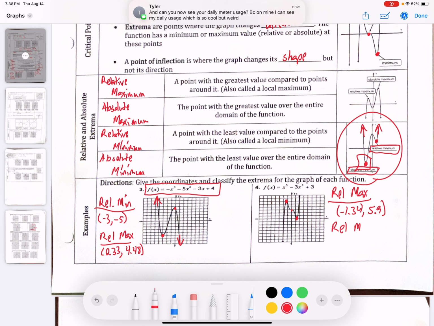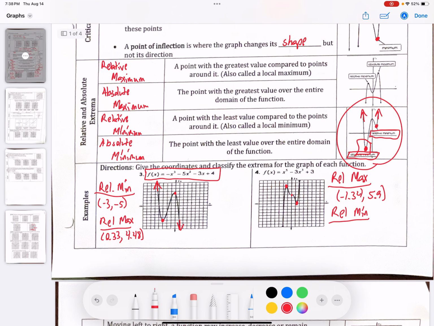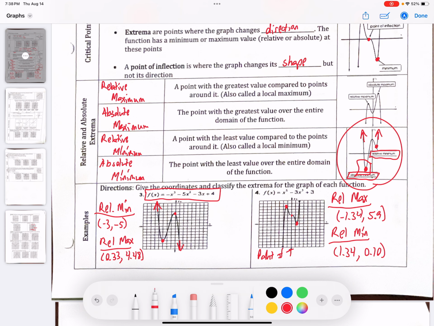Our relative minimum is (1.34, 0.10). And our point of inflection is (0, 3).